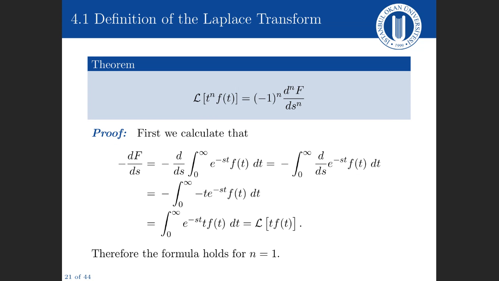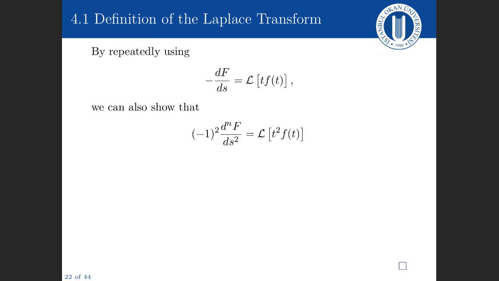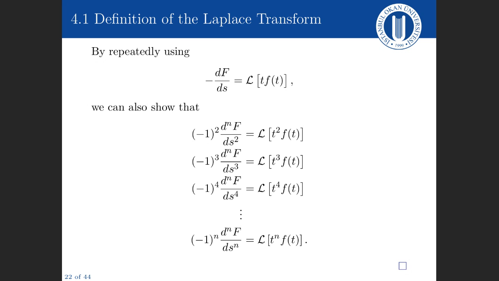But of course, this is just the formula for the Laplace transform of t multiplied by f of t. So the theorem is true in the special case that n is equal to 1. By using this formula repeatedly, we can also show this is true for n equal to 2, n equal to 3, n equal to 4, etc.